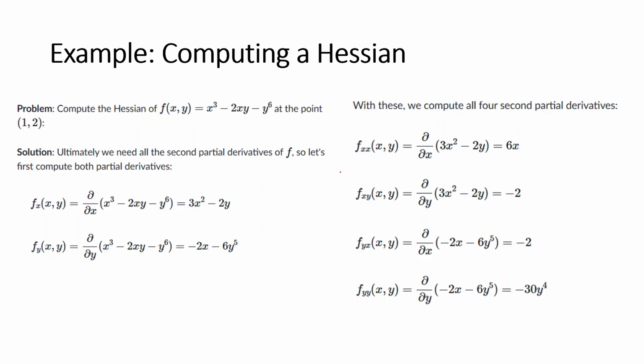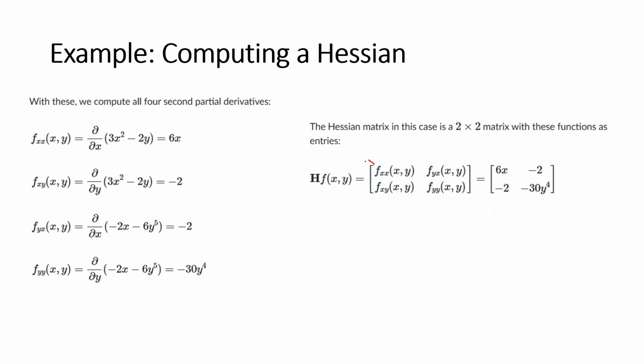Now we do the second order partial derivatives. For x with x, the first function 3x squared minus 2y becomes 6x, and x with y becomes minus 2. Similarly for y with x, taking minus 2x minus 6y to the power of 5, we get minus 2. And y with y gives minus 30 y to the power of 4.